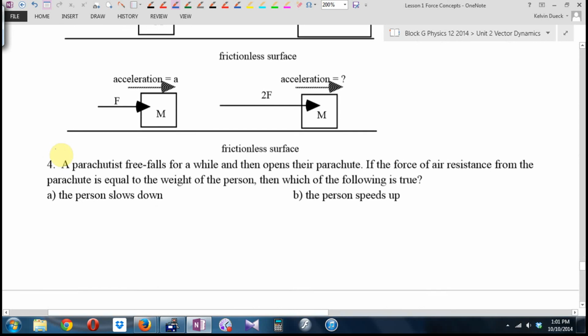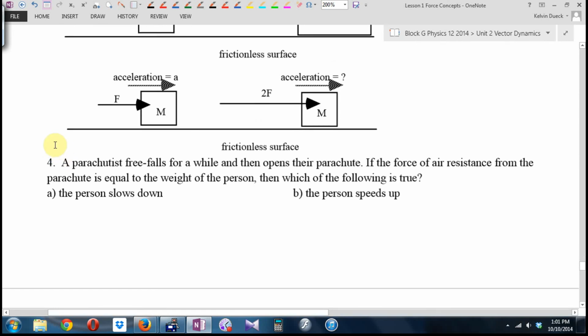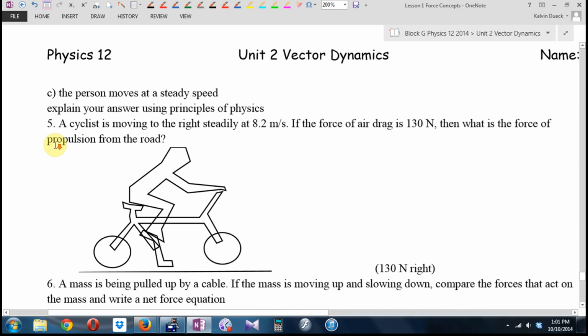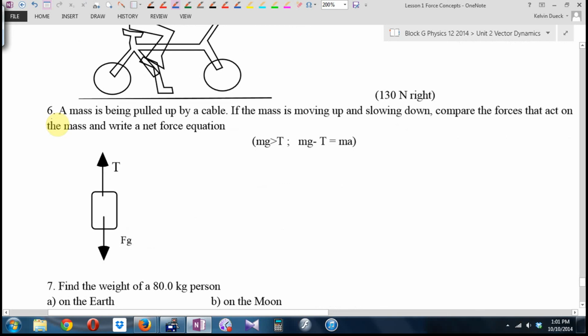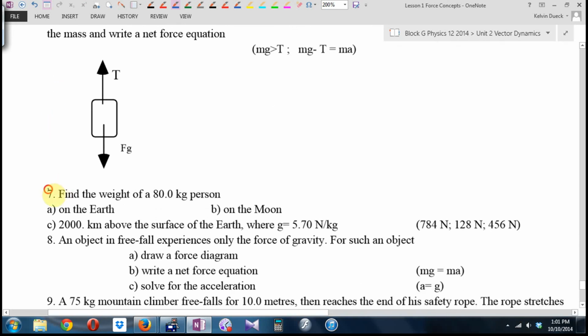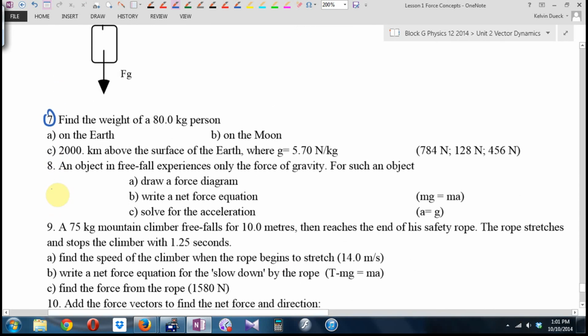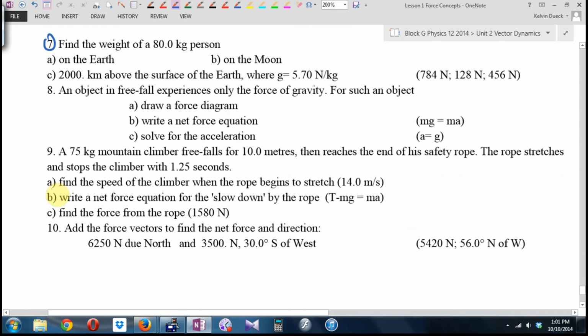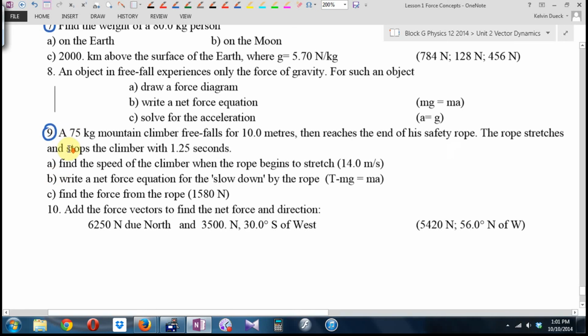We can handle that now. Five is good. 7 is good. 9 is tricky, but good. Okay.